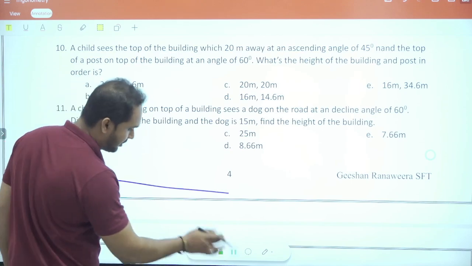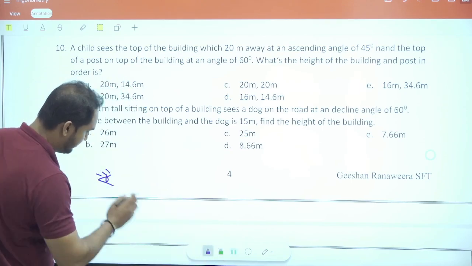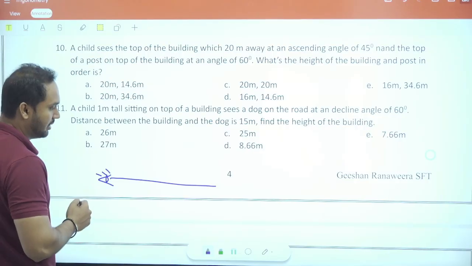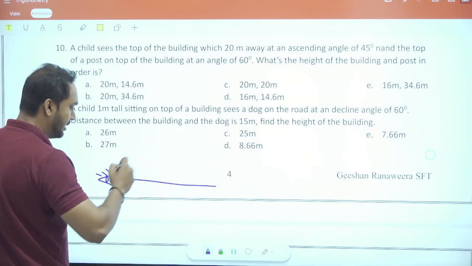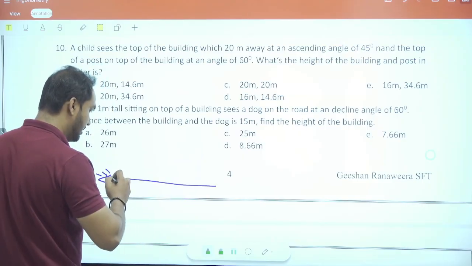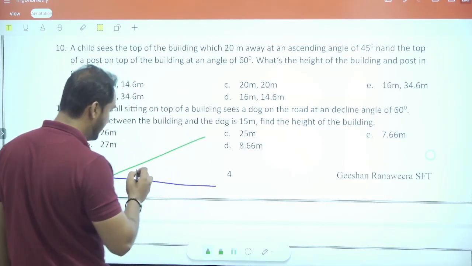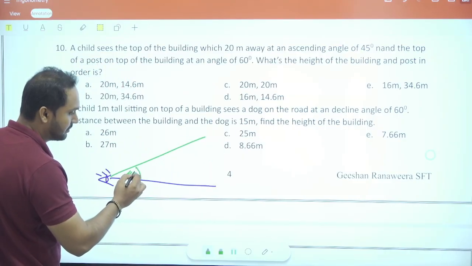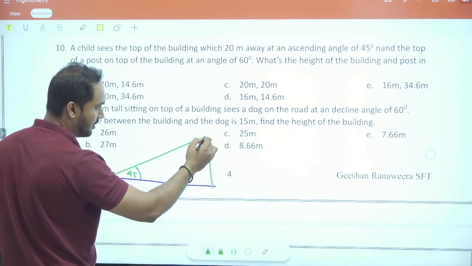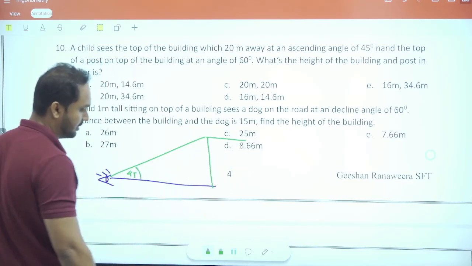So this is the horizontal plane, somewhat horizontal now, right? And he sees a building at 45 degrees of angle, right? Now this is the building.